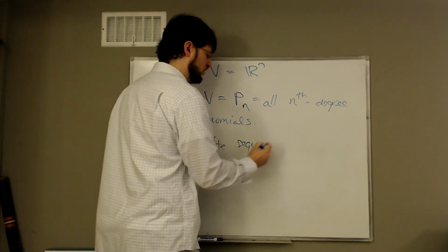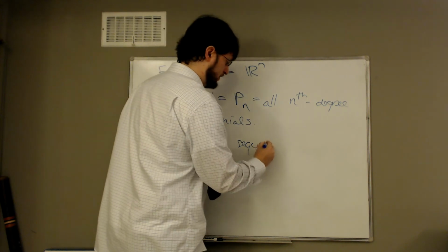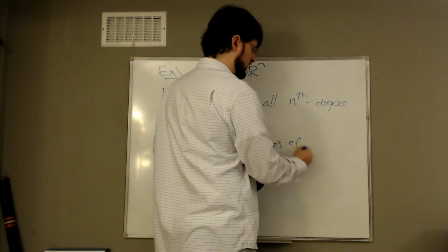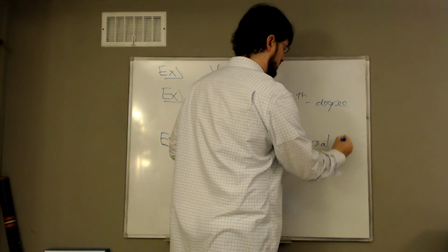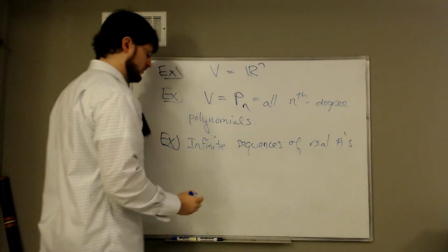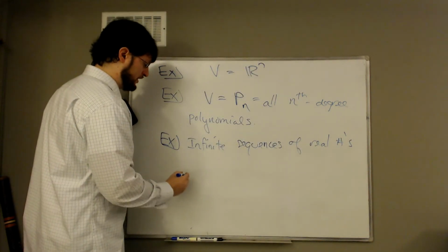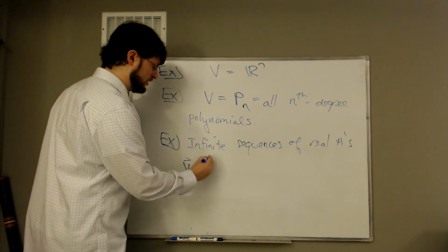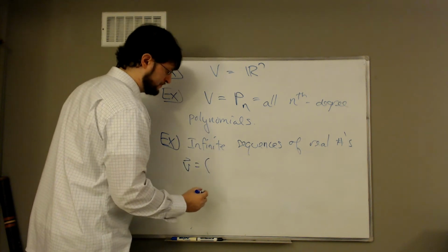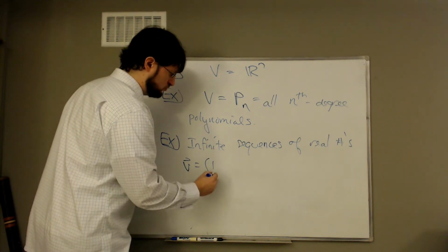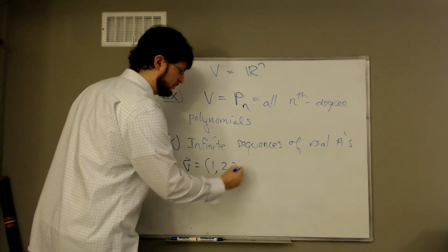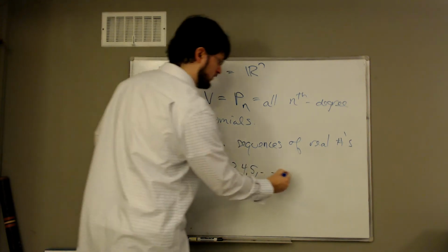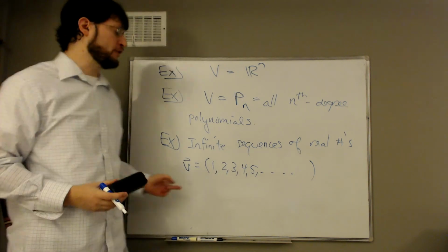I can look at all infinite sequences of real numbers. Right, so for example, a small vector in this case might be, here's an infinite sequence of real numbers. But it goes on forever. Right?